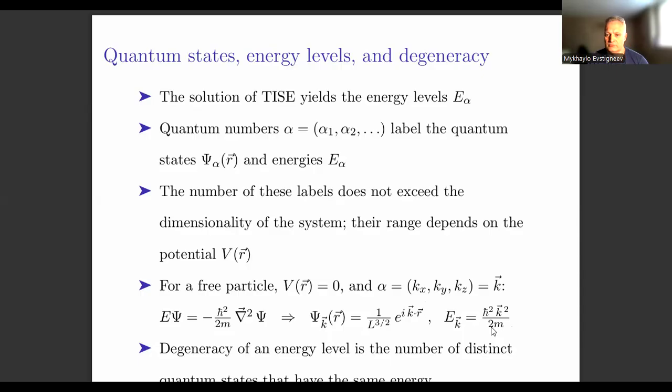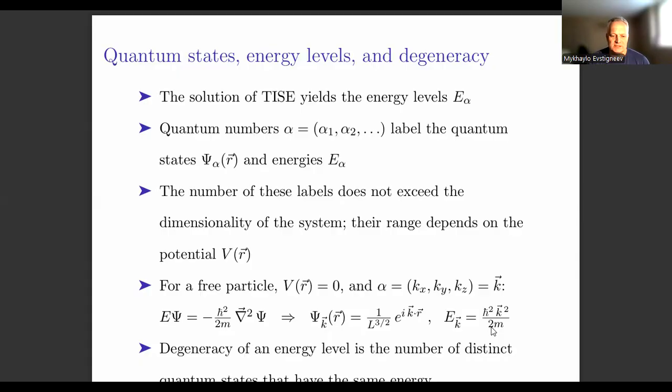So degeneracy is not something unusual in real life. Like if you have a rock, a macroscopic object, of mass 1 kilogram, and it moves with the velocity 1 meter per second, then its kinetic energy is 1 times 1 squared divided by 2, half a joule, no matter in which direction the rock is moving.